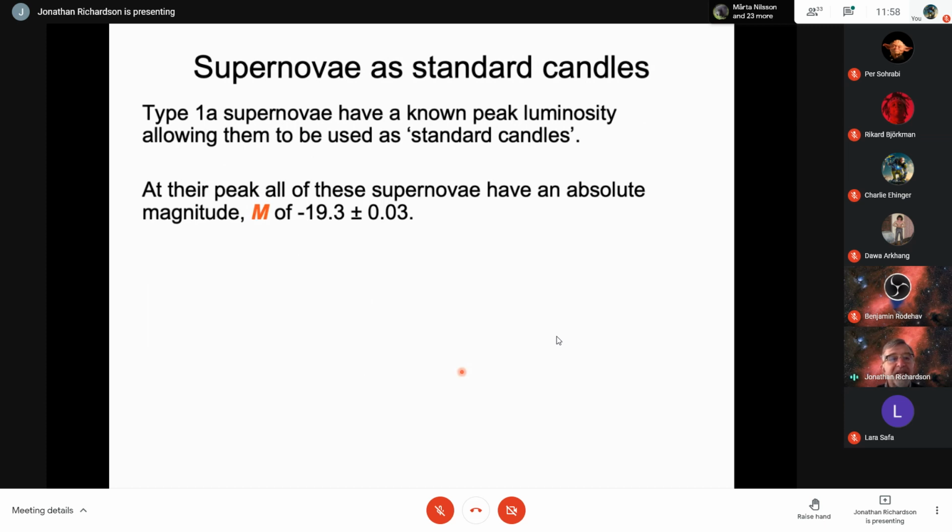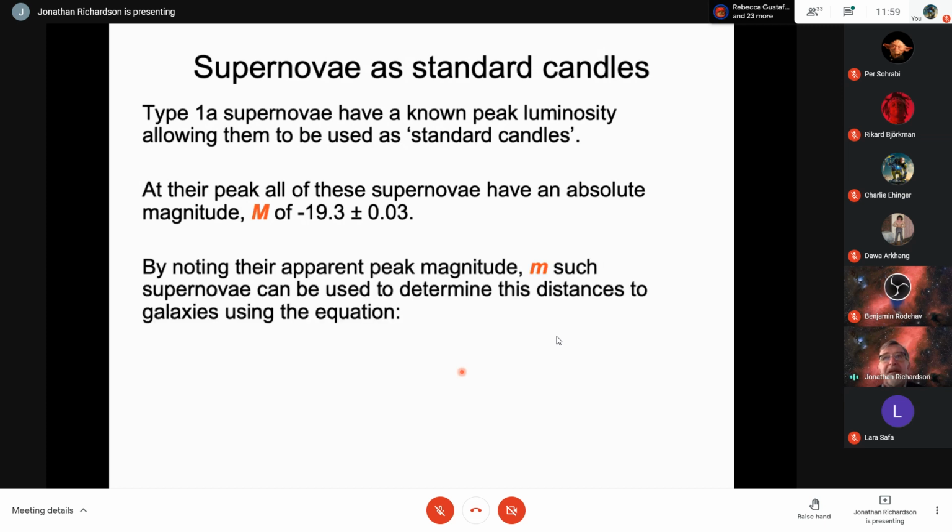Why do we know this? Well, we know the type of star, we know the processes that are occurring, we know the magnitude of the star that will produce ultimately that event.